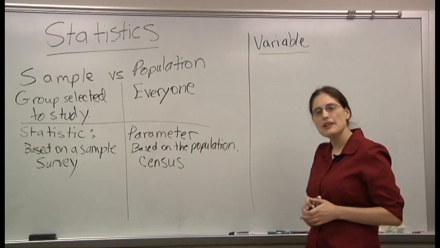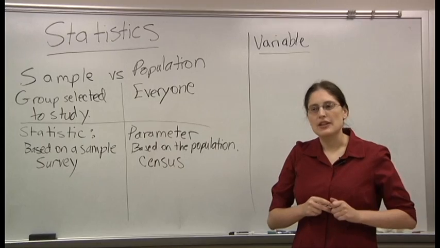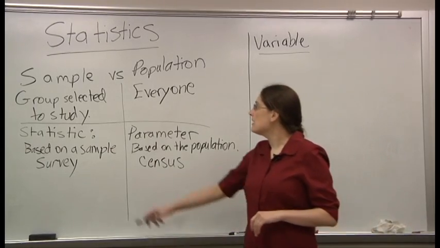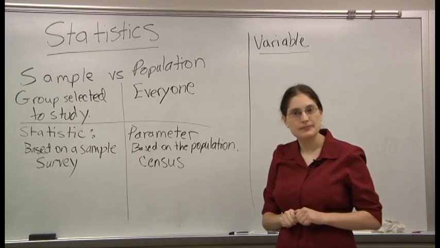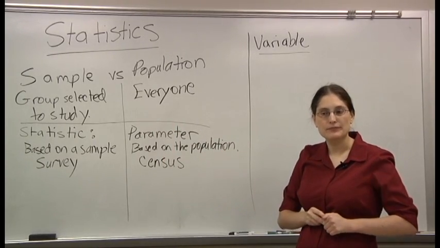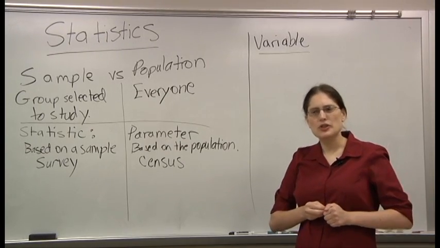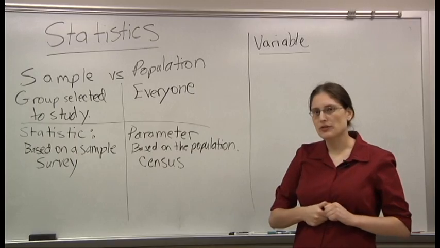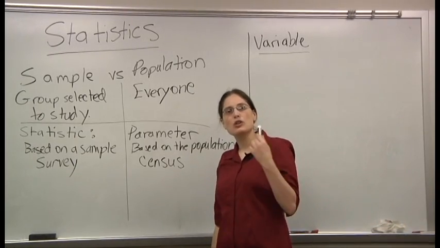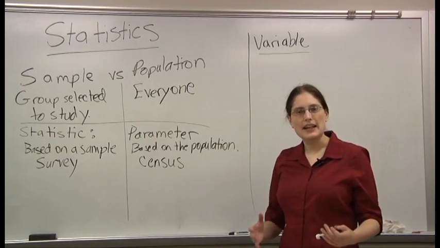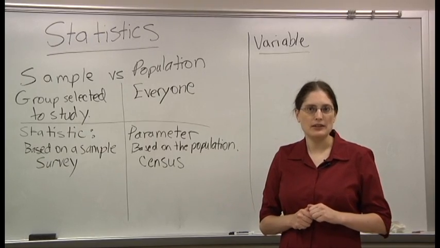Instead, you can think of a variable as a question that you ask about different members of your sample or population. For example, how tall are you? How much do you weigh? Do you have a dog? Who are you voting for? These are all questions that can have variable answers depending on how you ask.